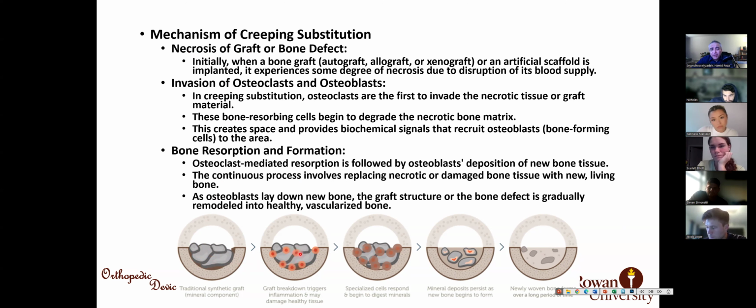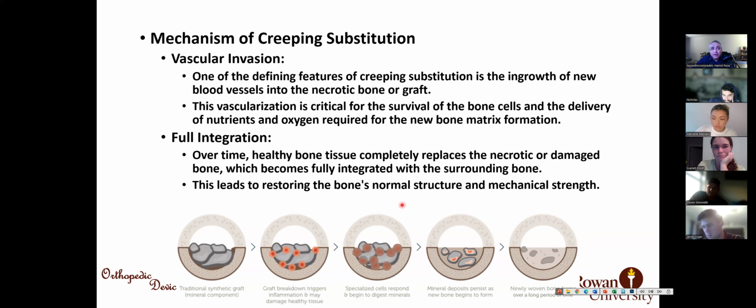The minerals will attract the bone cells, and gradually, as they are resorbed, the new bone cells attack the area and begin to lay down new bone. And after that, the vascular invasion happens and a natural bone is formed here. And the area is fully integrated into the bone. This is called creeping substitution.